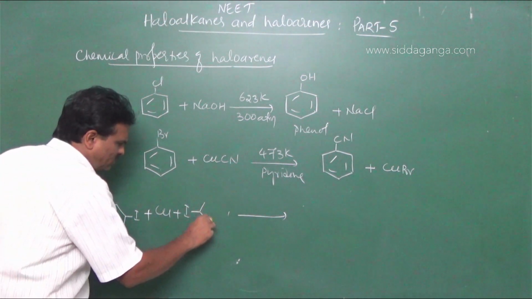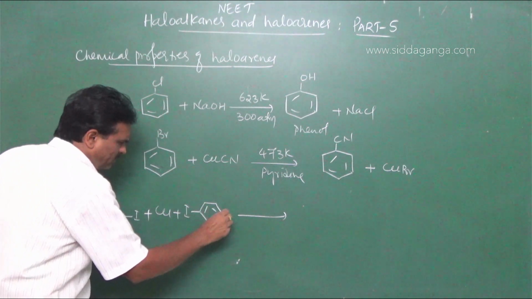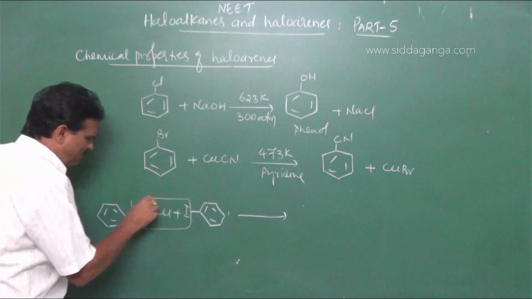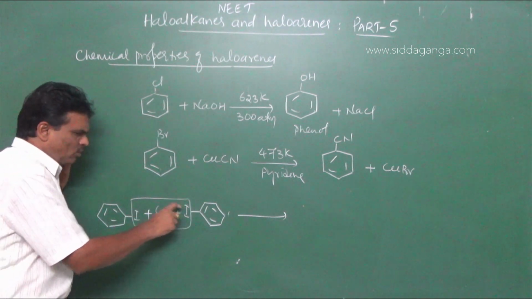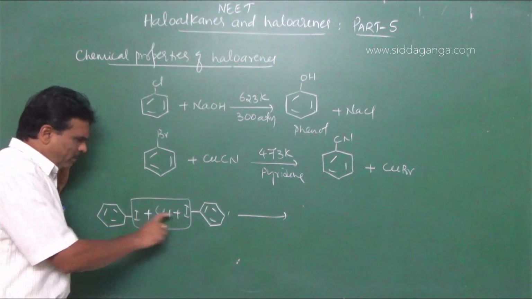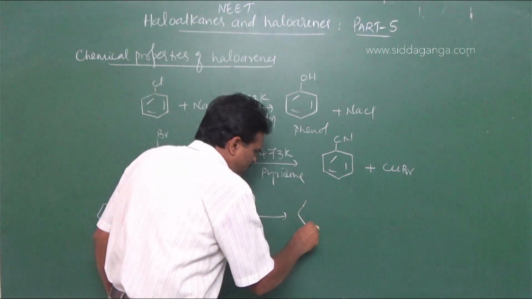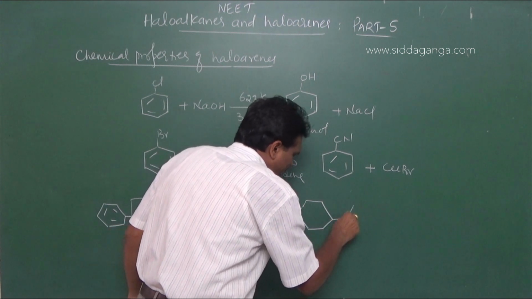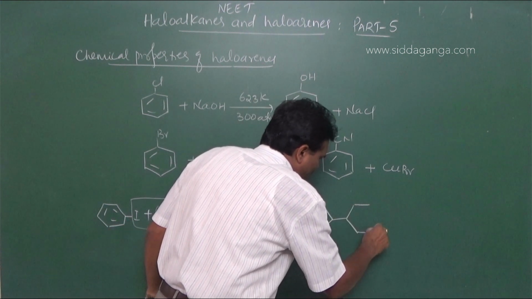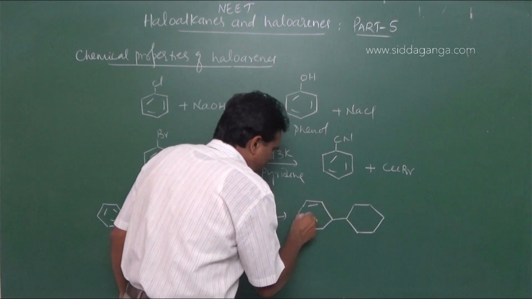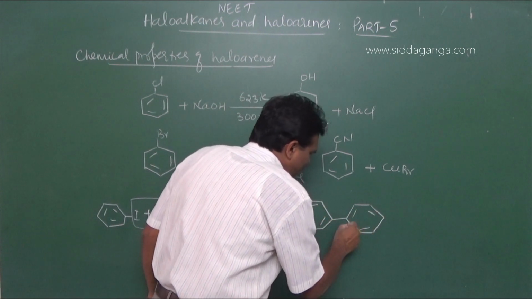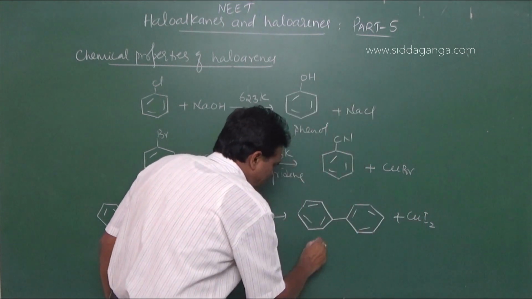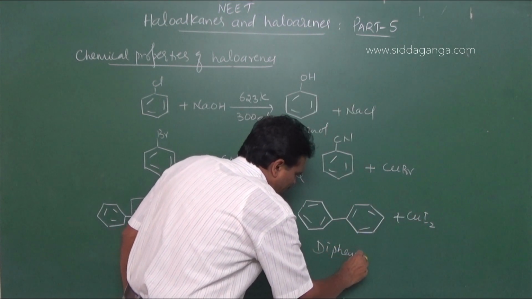Again it involves another molecule of iodobenzene. So here 2 iodine atoms take up copper and are eliminated as cupric iodide, and 2 benzene rings are linked together to form diphenyl or biphenyl, plus CuI2. So this is diphenyl or biphenyl.